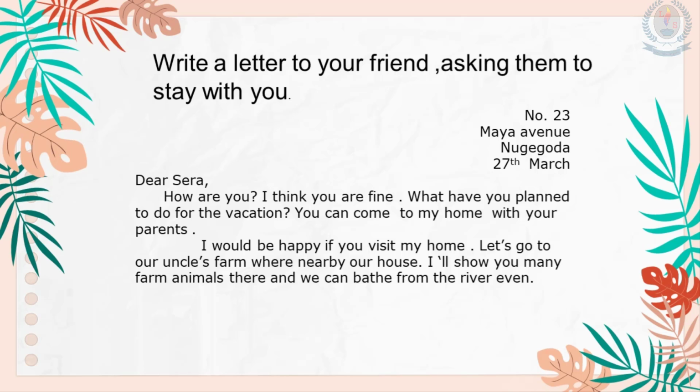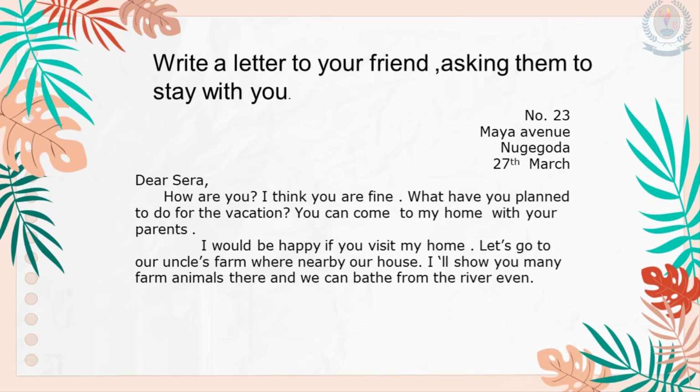The main parts should be included. I would be happy if you visit my home. Let's go to our uncle's farm. It is near our house. I'll show you many farm animals there, and we can even bathe in the river.